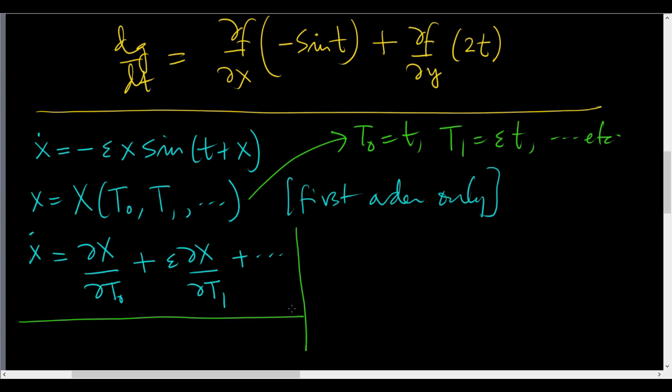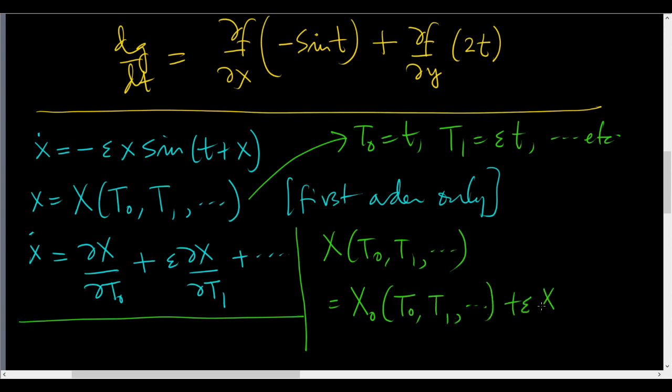My next step is to say capital X of t0, t1 and so on, is equal to capital X0 of t0, t1 and so on, plus epsilon capital X1 of t0, t1 and so on, plus dot dot dot.